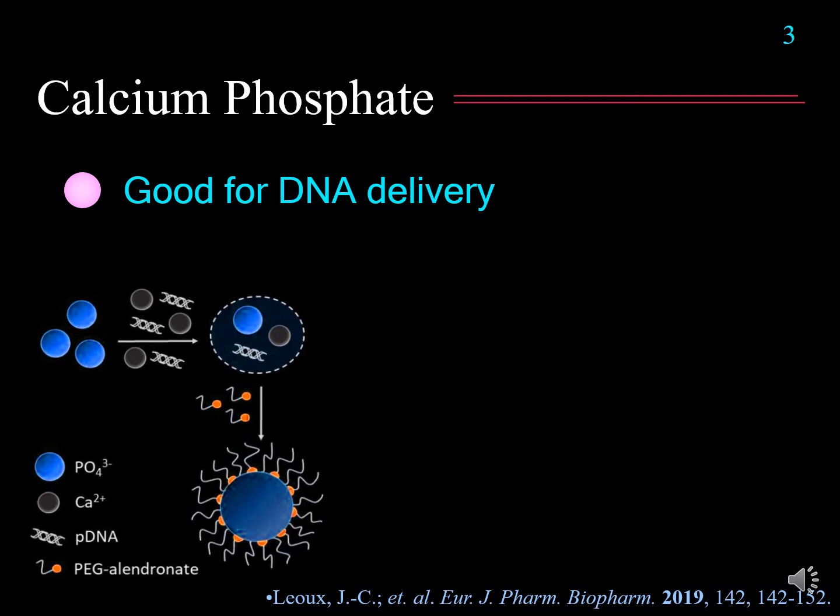So if we mix the calcium ion together with the DNA, then after that, we add phosphate ion into the solution mixture, and all of these will be co-precipitated as nanoparticles under controlled conditions. So we get calcium phosphate nanoparticles embedded with DNA because of the strong ionic interactions.